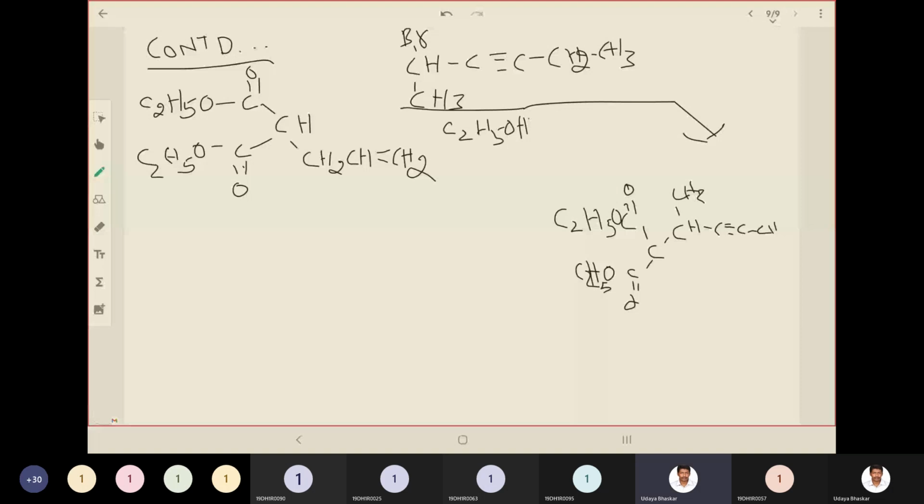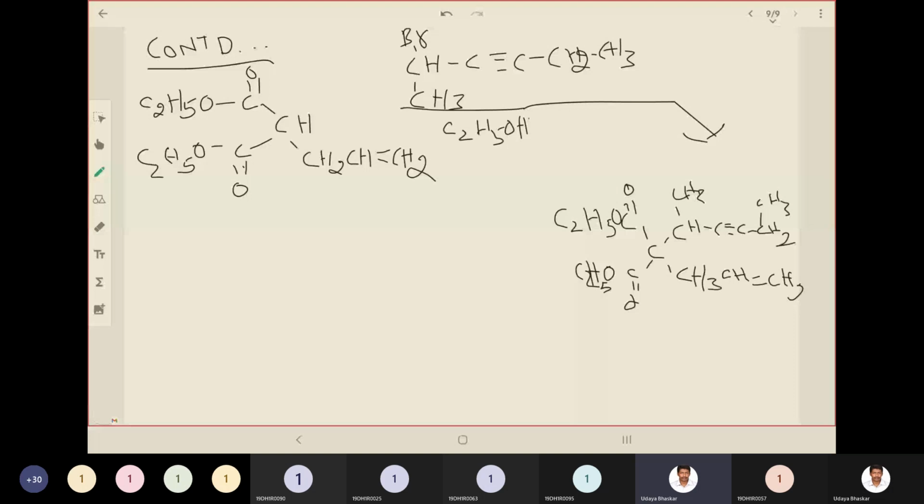I'm just extending the branch up, but it is linear. So this is the intermediate we are getting.